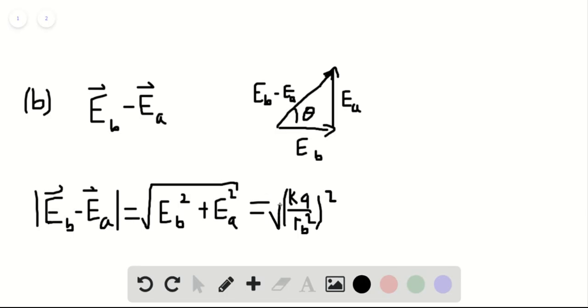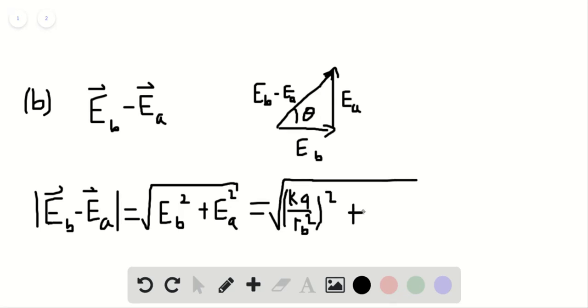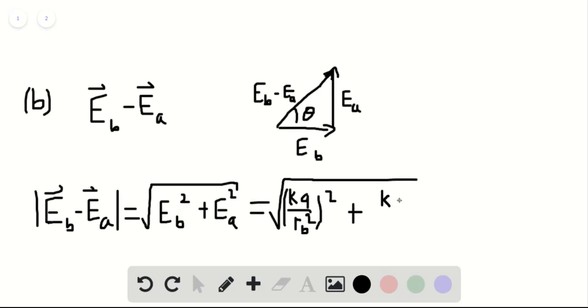And of course, this is all under the square root. And then we just do the same thing for E sub A. So this is going to be K times Q divided by R sub A squared. And this is all squared.